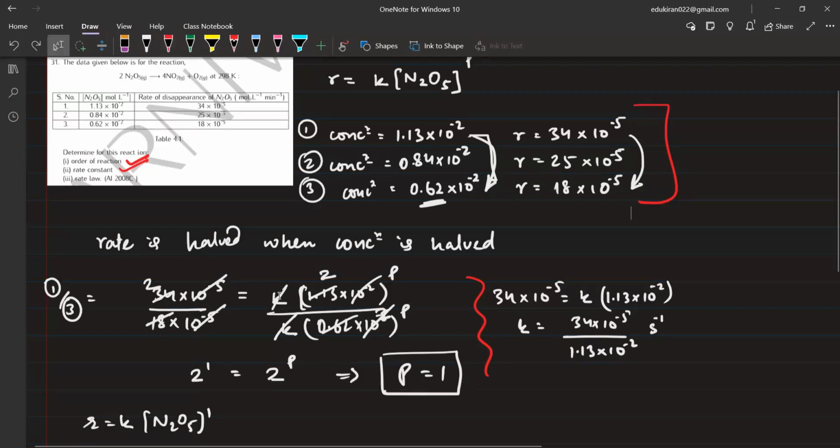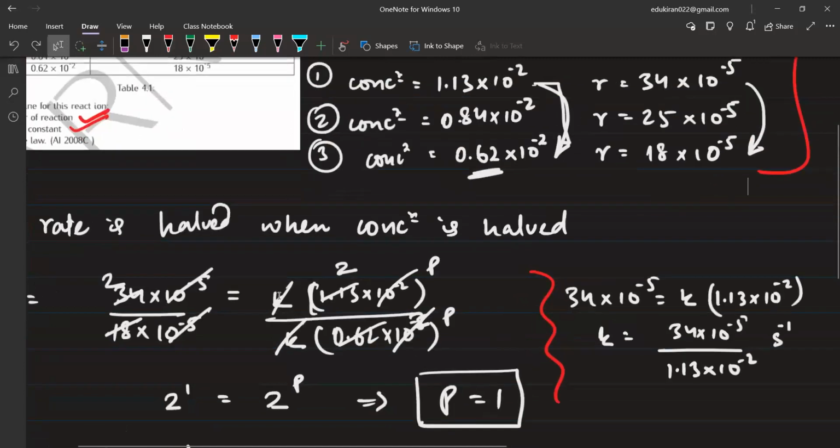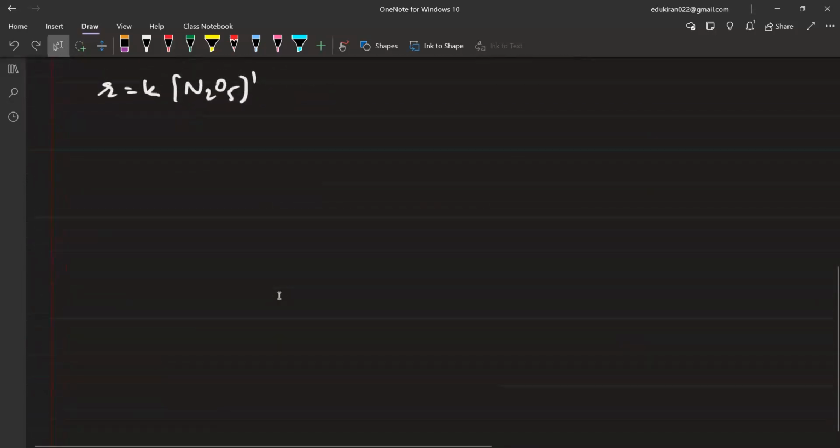Okay, if everyone is done, then we will write the next topic. Please write integrated rate law expression.